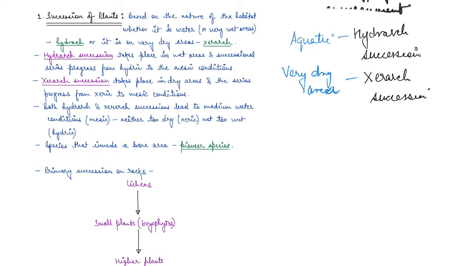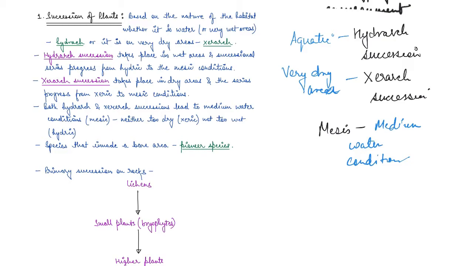Right? So basically, both Hydrarch and Xerarch successions lead to medium water conditions, which is mesic. This is medium water conditions, that means neither too dry nor too wet.